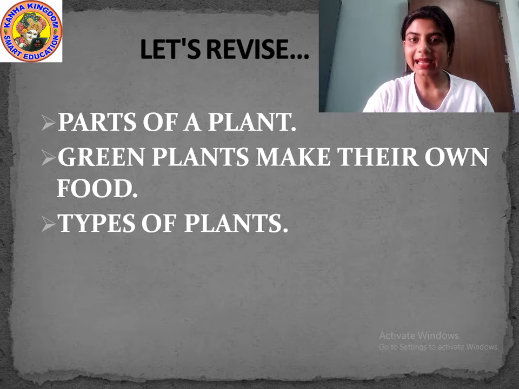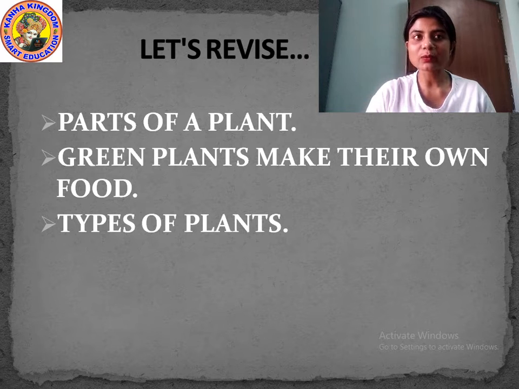The parts of a plant, then green plants which make their own food, how can green plants make their own food, and types of plants, what are the different types of plants. We will just do a quick revision on these topics. Students, please take out your notebook and note down all the questions and all the exercises in your notebook. So let's begin with parts of a plant.